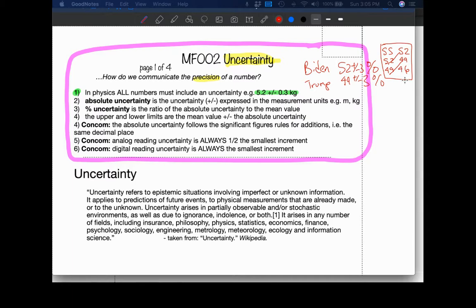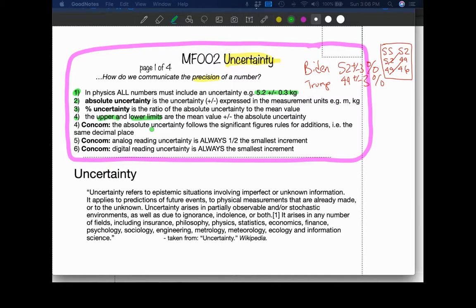If we take that concept further and apply it to all numbers, however we arrive at them in physics, we want to be thinking that whenever we say something like our reaction time is 234 milliseconds, well, plus or minus how much? That's really what we're talking about. In addition to having to report uncertainty with every number, there are different concepts of uncertainty: absolute uncertainty, percent uncertainty, and the upper and lower limits.